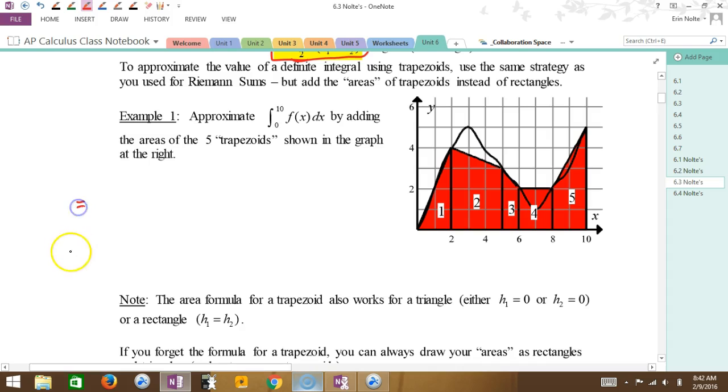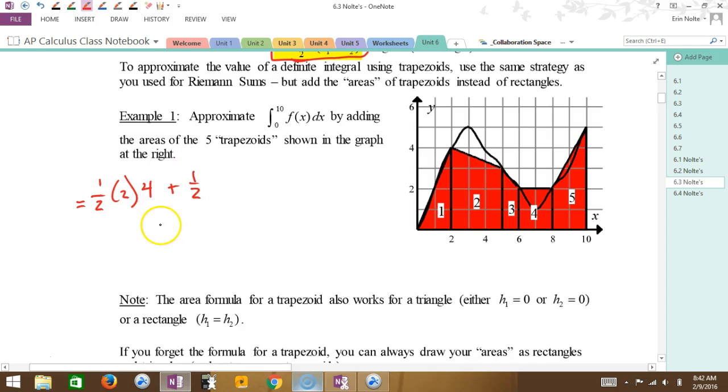So, can we just say the area for number 1, that little triangle, is 1/2 times the base of 2 times the height of 4? If you wanted to do the trapezoid area, you would just do 4 plus 0 for the 2 heights, which still gives you 4.